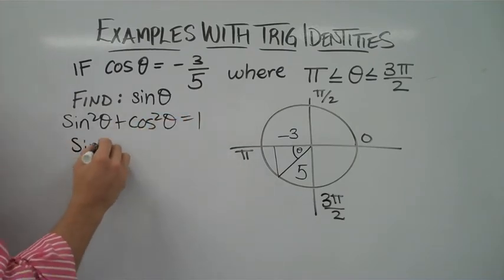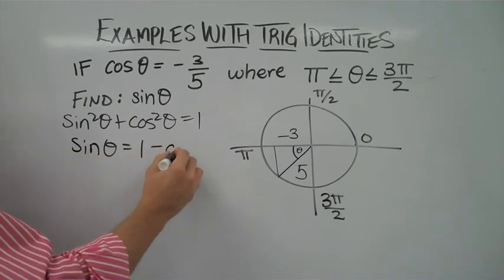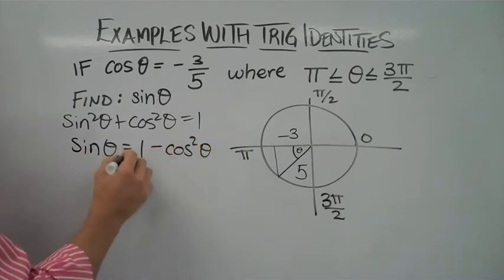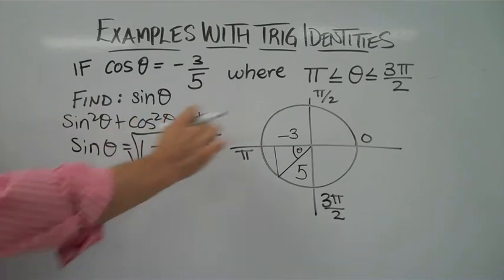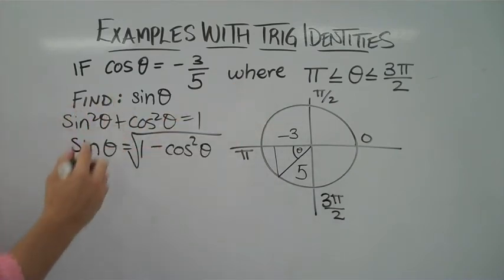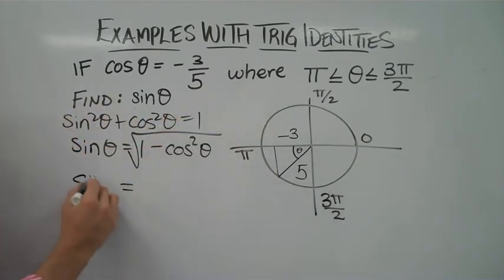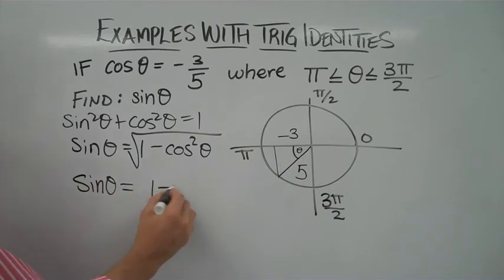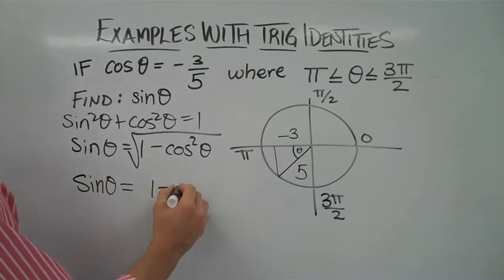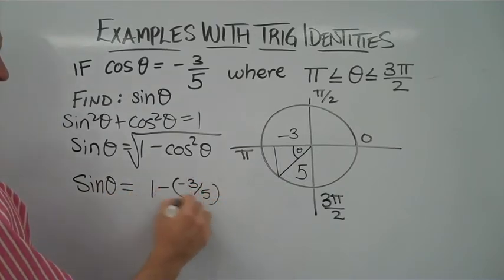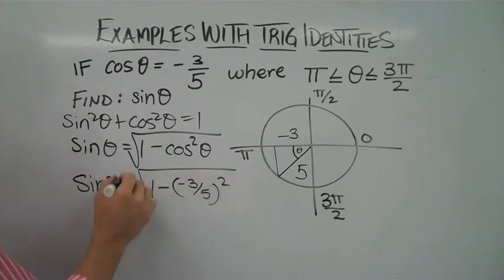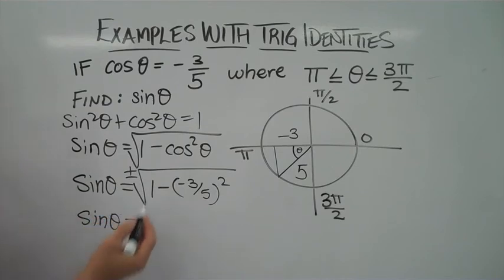So sine theta is equal to the square root of 1 minus cosine squared theta. I move the cosine squared theta over, and I take the square root. So sine theta is equal to plus or minus the square root of 1 minus negative 3 over 5 squared. When I work this math out, I get plus or minus 4 over 5.